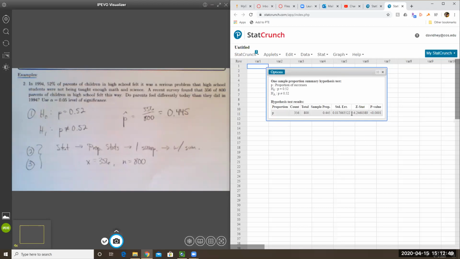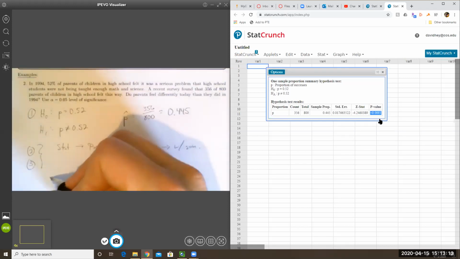Okay, so our test statistic is this number right here, negative 4.25-ish. Our p-value is tiny. Our p-value is so small, in fact, that StatCrunch doesn't have enough digits to store it. So it's just telling us it's really small. It's less than 0.0001.